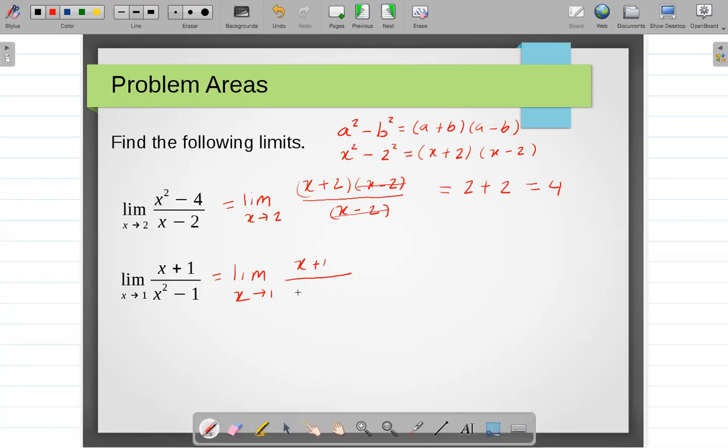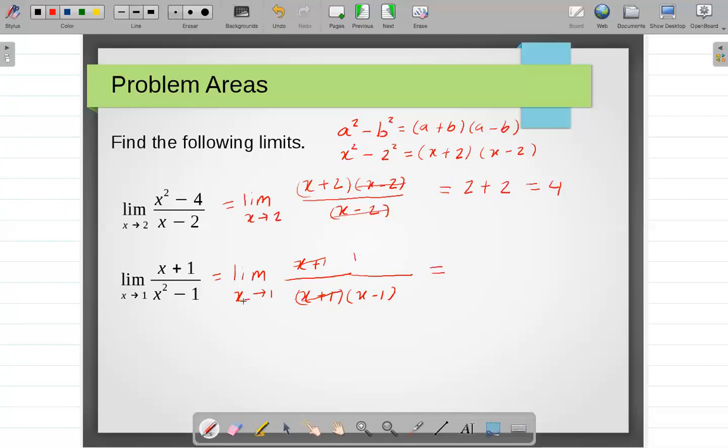On the bottom, I get x plus 1 and x minus 1, using this property, because 1 is also 1 square. Now I can cancel x plus 1 and x plus 1. Then on the top I just have 1.